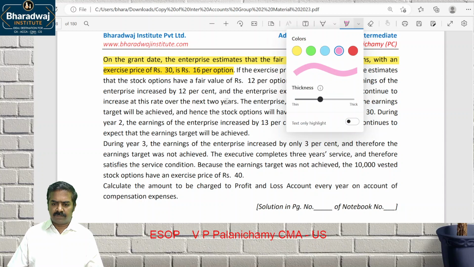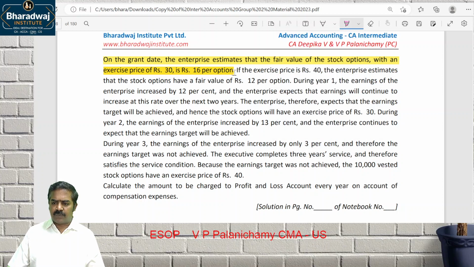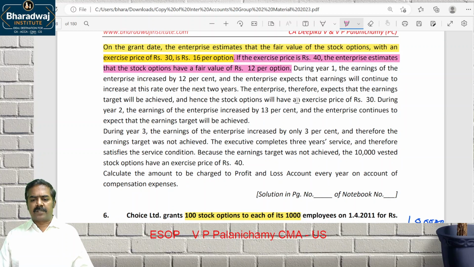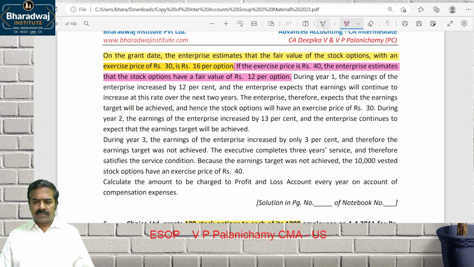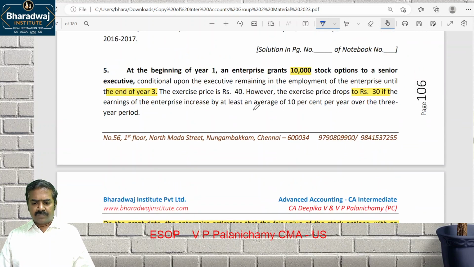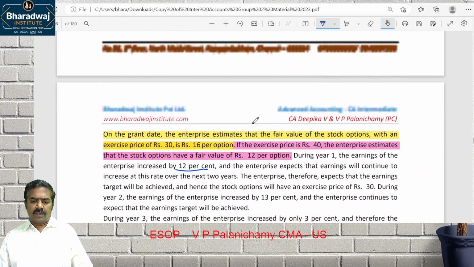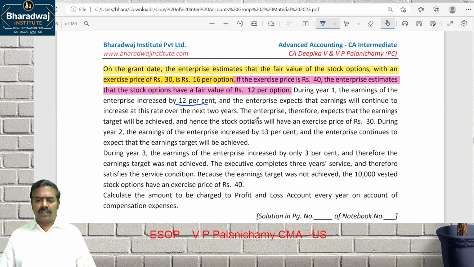Then read further. If the exercise price is 40, the enterprise estimates that the fair value will be 12 per option. During the year 1, earnings of the company increased by how much percentage? 12%. Here, at least there should be an average of 10. 12.